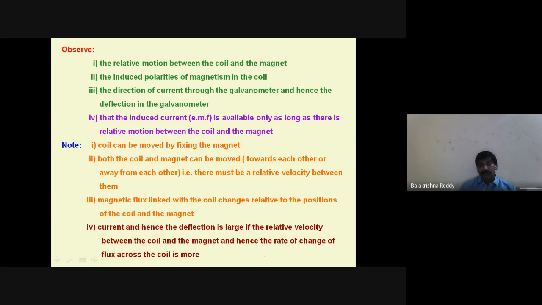More deflection means more current induced, in the sense that more flux is linked with the coil. Then only there is a chance of more EMF or more induced current taking place. Okay.